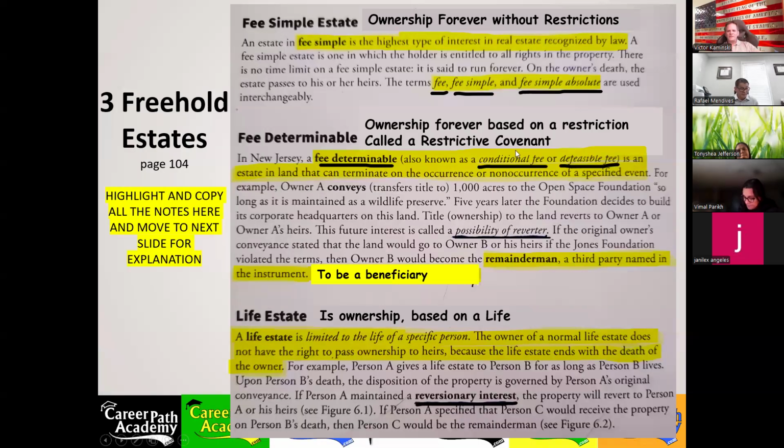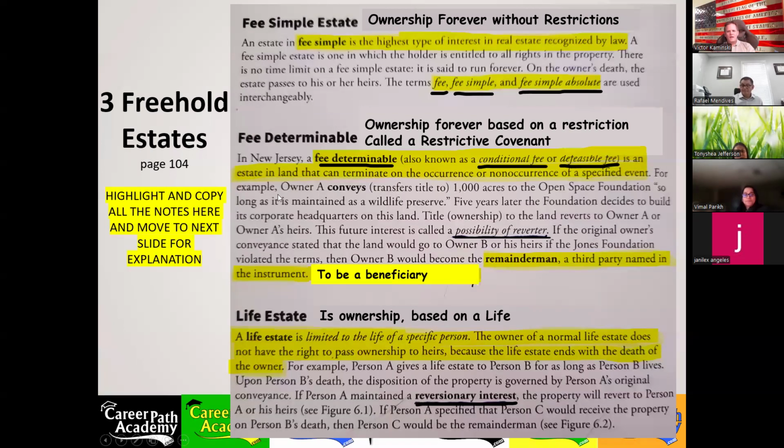So in New Jersey, fee determinable estate also goes by three names. It's also known as a conditional fee or a defeasible fee estate, because it is ownership based on a condition. And as long as you don't violate that condition, you remain the owner forever.